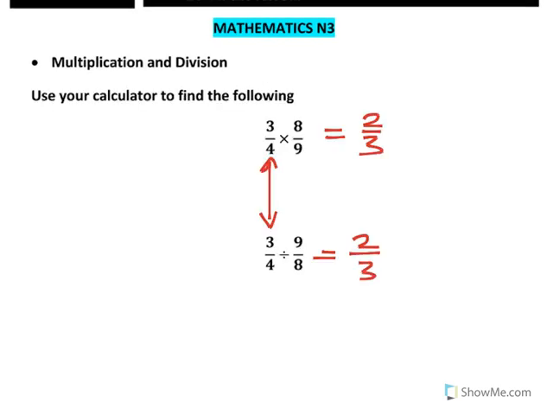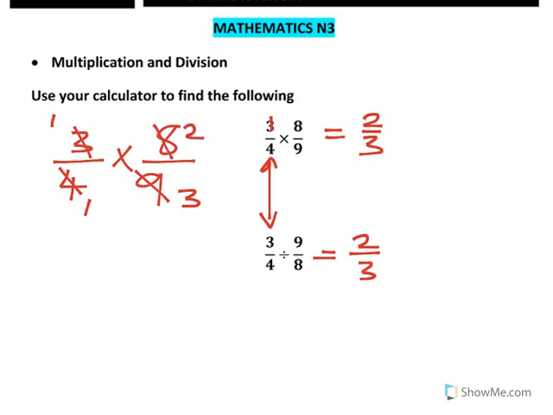In actual fact, how did you get the same answers? If they say 3 over 4 times 8 over 9, 3 into 3 is 1, 3 into 9 is 3, 4 into 4 is 1, 4 into 8 is 2. So now you have 1 times 2, it's 2 over 3. Same thing with division.